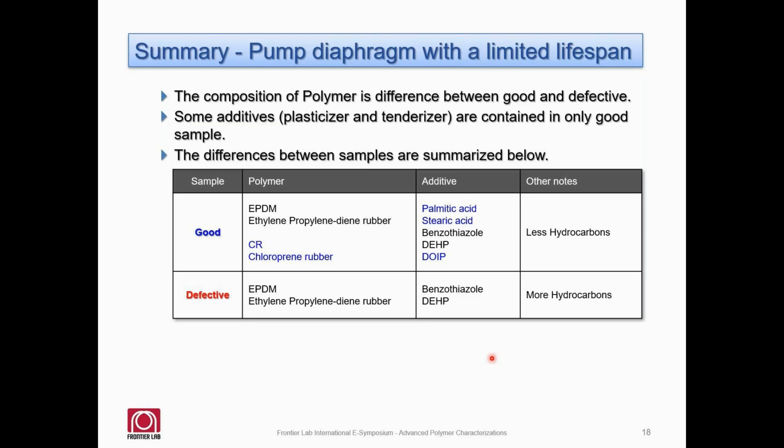The difference is additives, especially a plasticizer and some tenderizers, which are contained only in the good sample. That means the palmitic acid, the stearic acid, and DOIP, along with the main compound from CR, are there in the good sample, whereas they are absent in the defective sample. So this is the reason why the diaphragm shows a limited lifespan in the defective rubber compared to the good one.